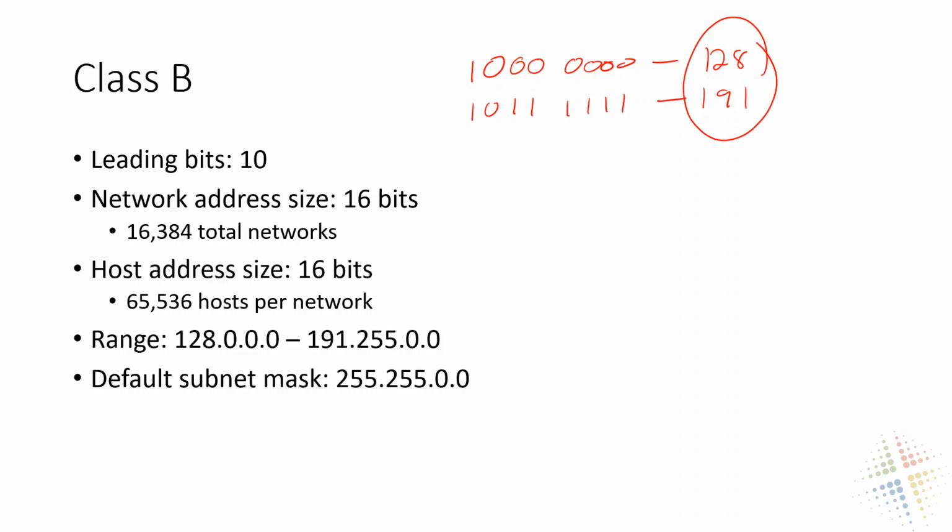Now, this time, instead of just having 8 bits to play with, we now have 16 bits to play with for our network address size. This is just simply the way that they defined it for a Class B network.